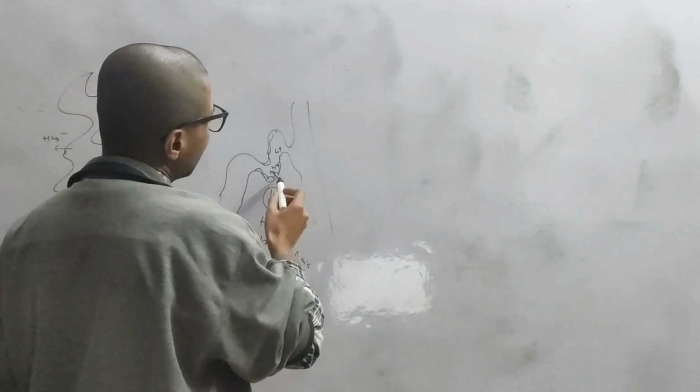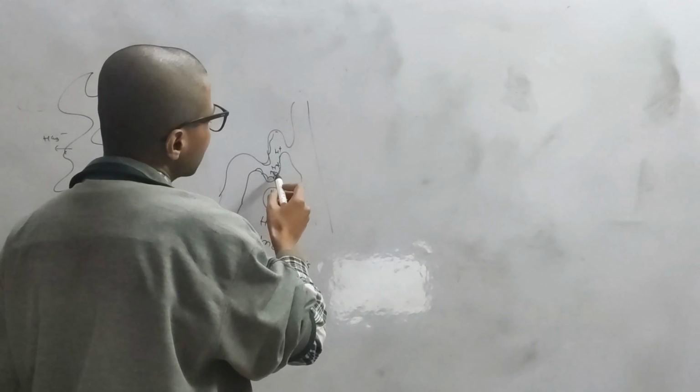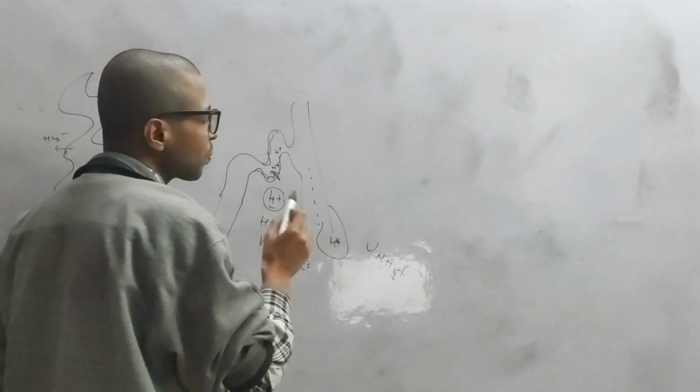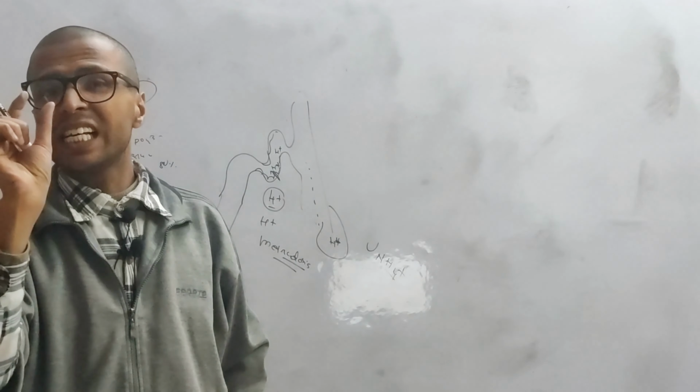So this H plus ion won't be able to be excreted in the urine. If you measure in the urine, H plus ions will be low, because this is not able to secrete the H plus ions. It means that urinary ammonium ion is low. Urinary ammonium ion is low because H plus ion is not excreted as a charged particle.